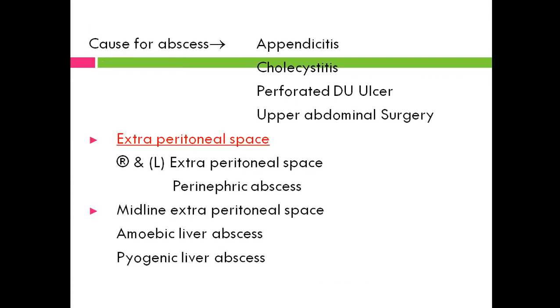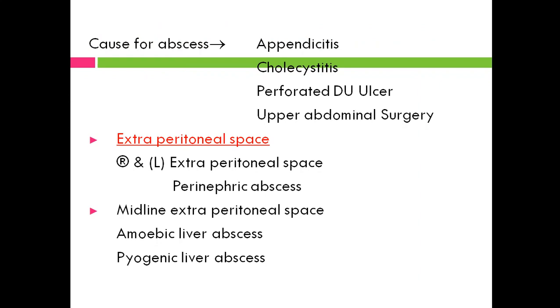Causes for abscess are appendicitis, cholecystitis, perforated duodenal ulcer, or even an upper abdominal surgery. Anything of these can produce it, most commonly it is cholecystitis or perforated duodenal ulcer, or any complications following an upper abdominal surgery, especially duodenal blowout.